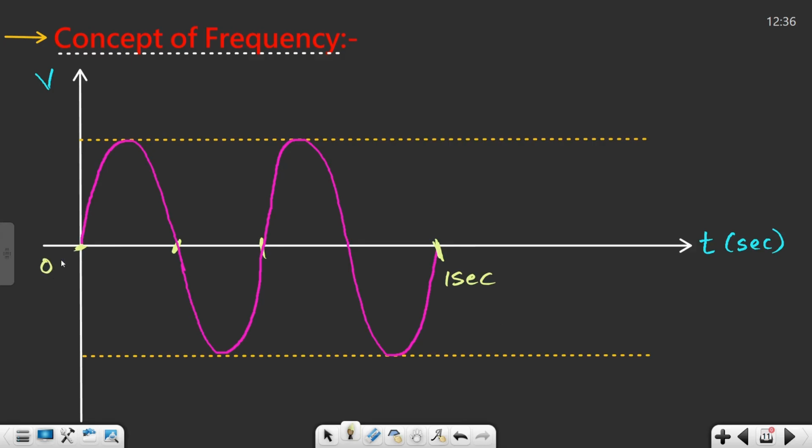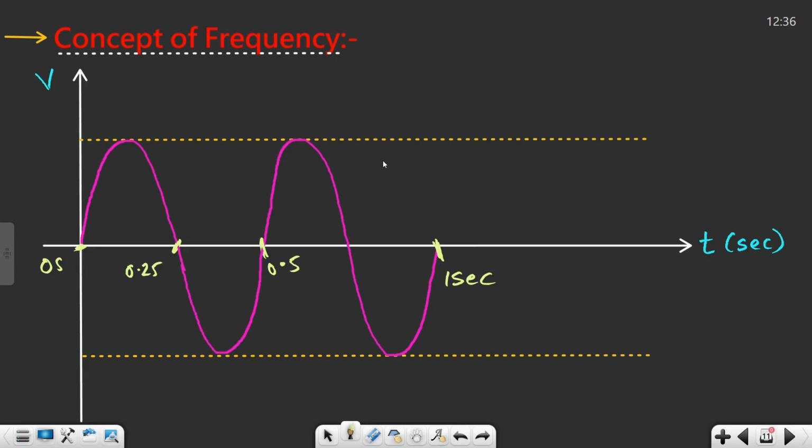Let's say this is 0.25 and this is 0.5 second. What will be the frequency now? Just pause this video and try to think. The frequency will be 2 hertz.